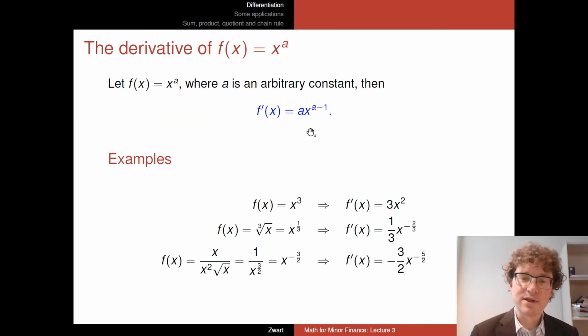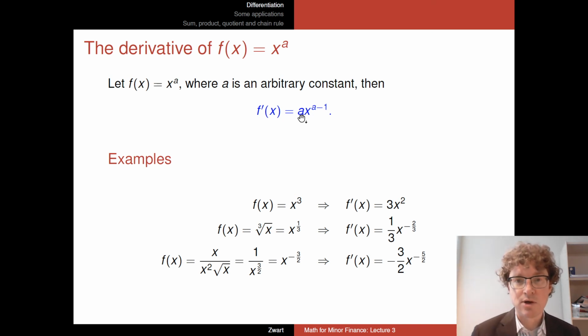One example that I didn't do is take x to the power 0. So what's x to the power 0? If a equals 0, well, something to the power 0 is always 1, right? So x to the 0 is 1. So even the function f(x) equals 1 is a power of x, namely x to the power 0. Let's apply the same rule when a equals 0.